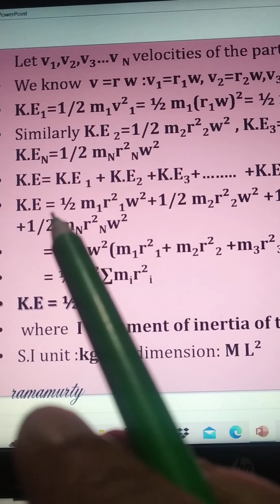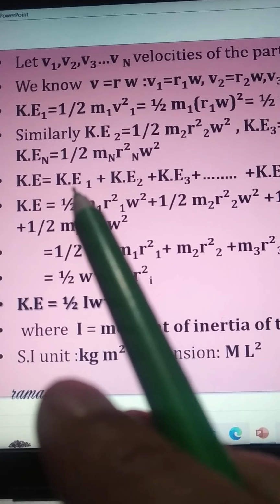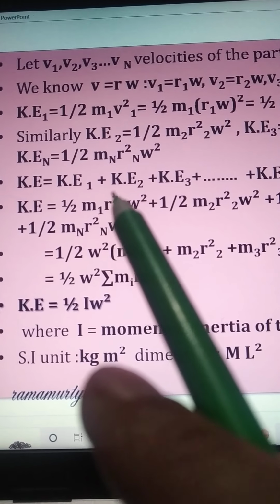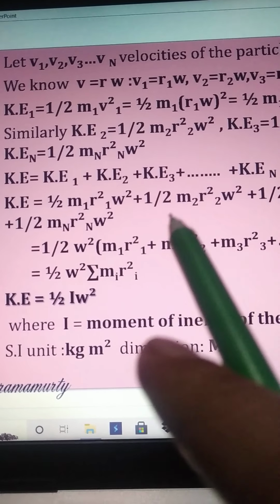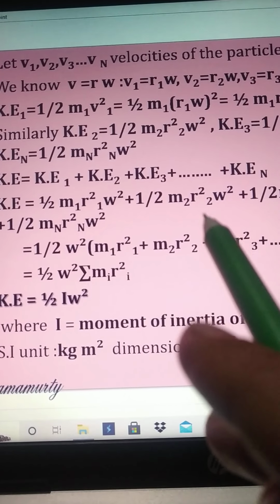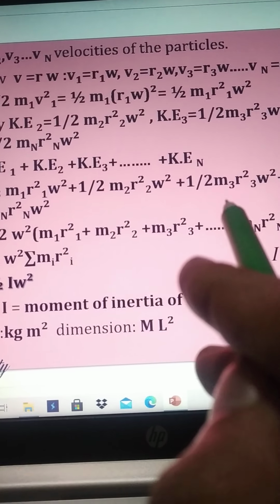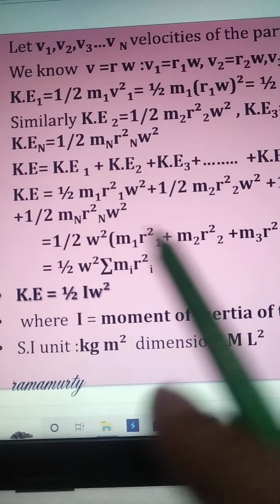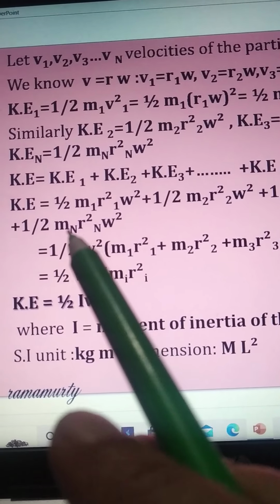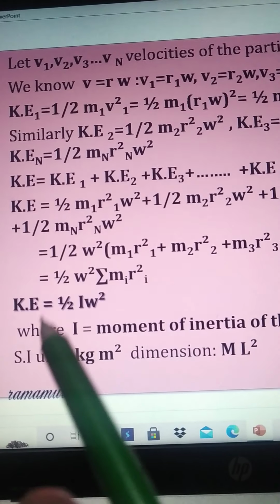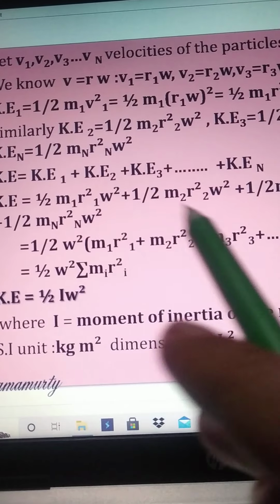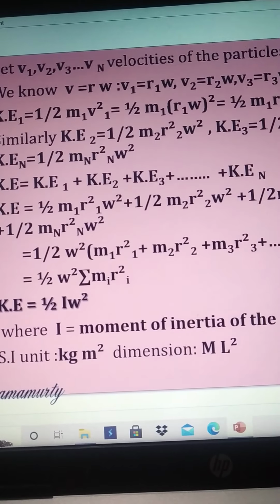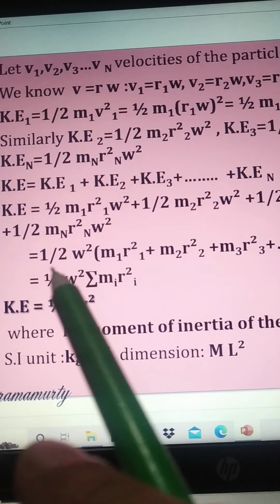So the kinetic energy is equal to half m1 r1 squared omega squared plus half m2 r2 squared omega squared plus half m3 r3 squared omega squared plus up to half mn rn squared omega squared. Here the common terms are half and omega squared, because m1 r1, m2 r2, m3 r3 up to mn rn squared are different quantities.